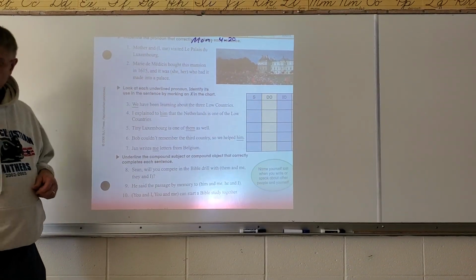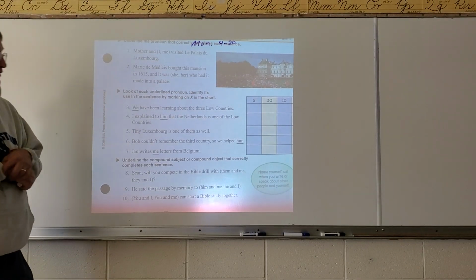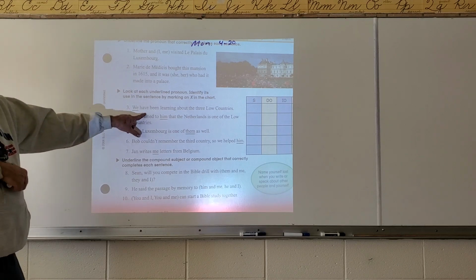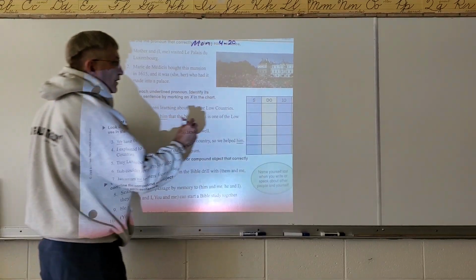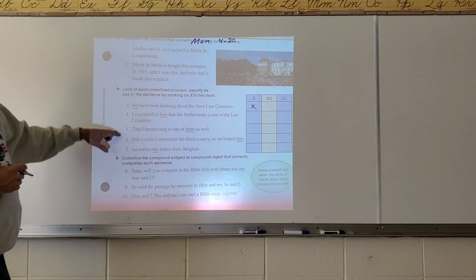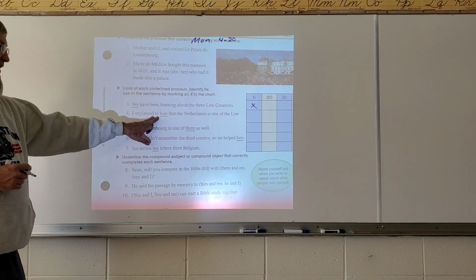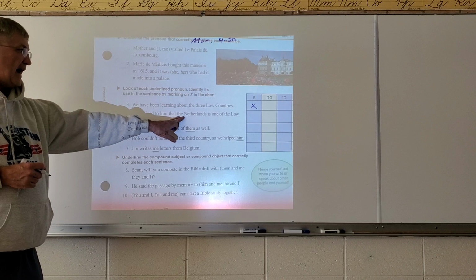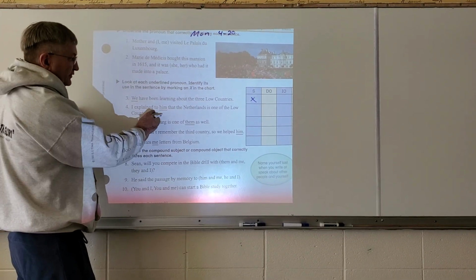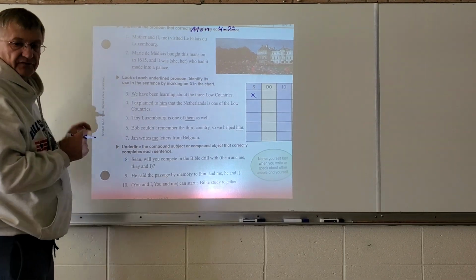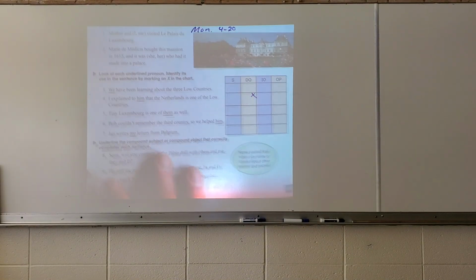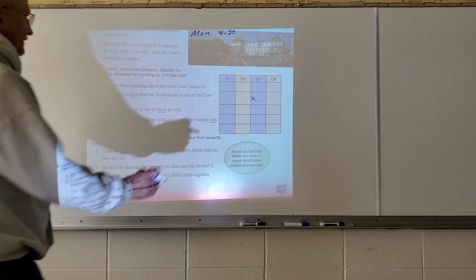On the very first one, we is a subject pronoun, so it's going to be an X there. "I explained to him that the Netherlands is one of the low countries." To him is a prepositional phrase. I need to slide that over a little bit so you can see it all, and I'll put the S back here.